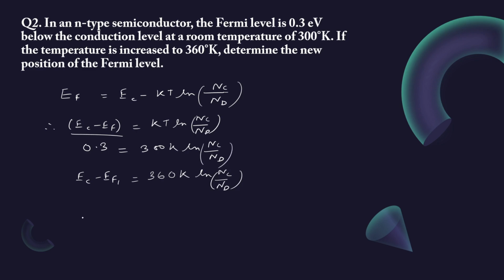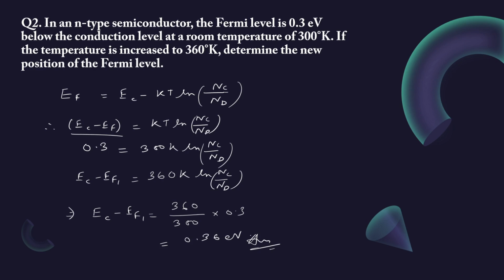If we take the ratio, we simply get the value of the new Fermi level: EC minus EF1 will be equal to 360 divided by 300 multiplied by 0.3. It is as simple as that. The value comes out as 0.36 electron volts. So this is the answer.